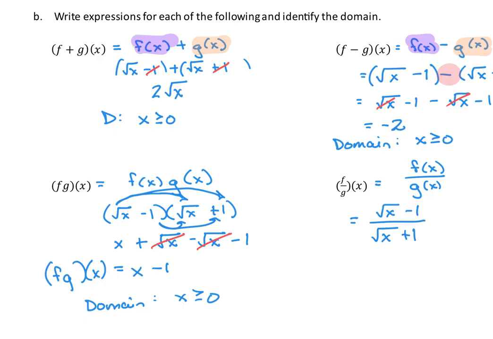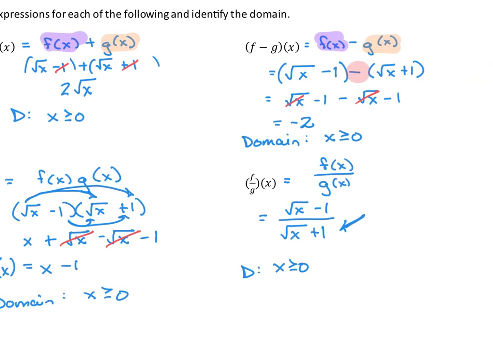This one, we do need to be careful with our domain because we do have the requirement that x cannot equal 0. Or sorry, x has to be greater than or equal to 0. But we also have an additional requirement that the denominator cannot equal 0.